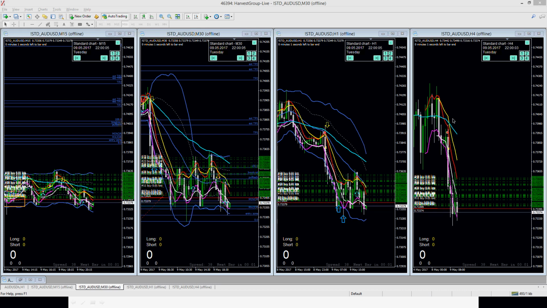Fortunately, the candle rejected it, so there's another chance the price will go up, but there's a sign of re-entry over here. Let's just see what happens.